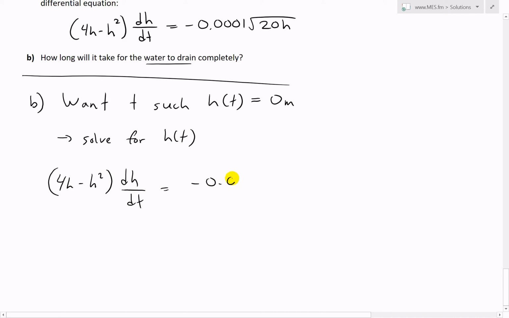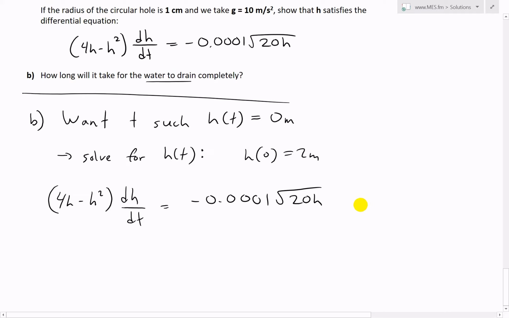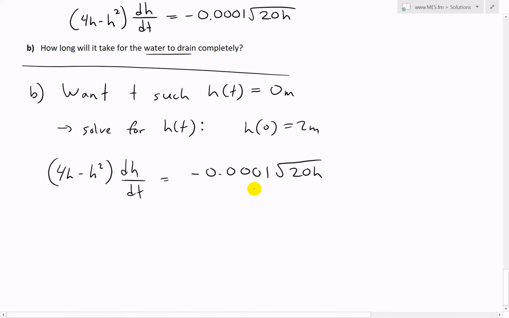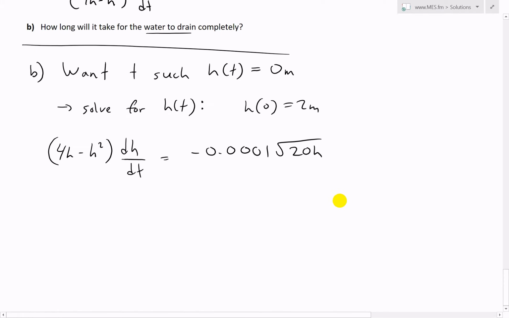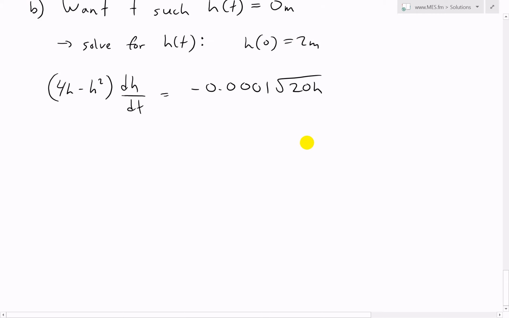This equals negative 0.0001 square root 20h, and we also know that the height h of 0 is equal to 2 meters. So that's our initial condition. And again, this is basically solving an initial value problem where the initial value is 2 meters, and this differential equation is what we're asked to solve.